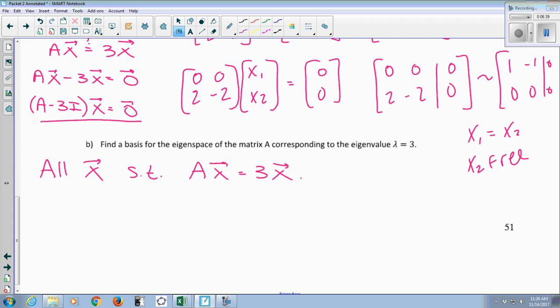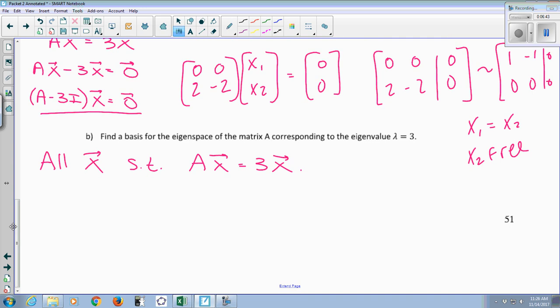The actual solution is called the eigenspace. Writing this in parametric vector form, my free variable is x2. x1 equals x2, and x2 is free, so I have (1, 1) times x2. There are lots of ways you can write the eigenspace.